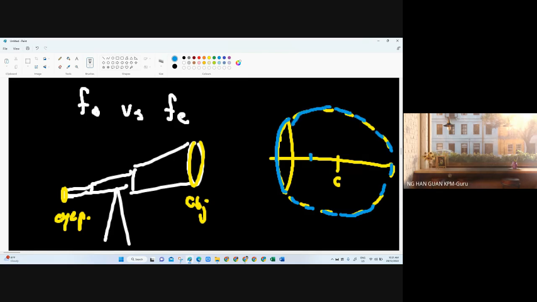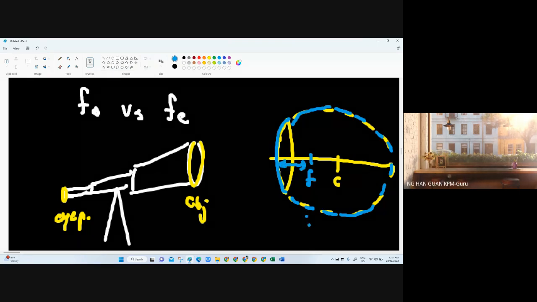So our focal length will be half of the radius.